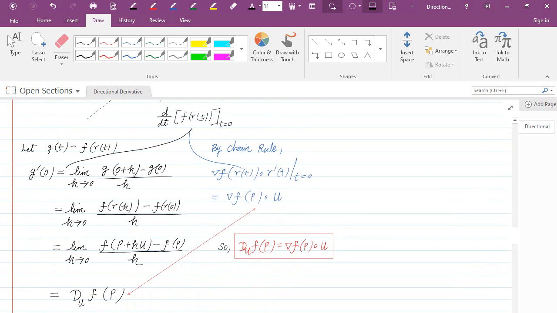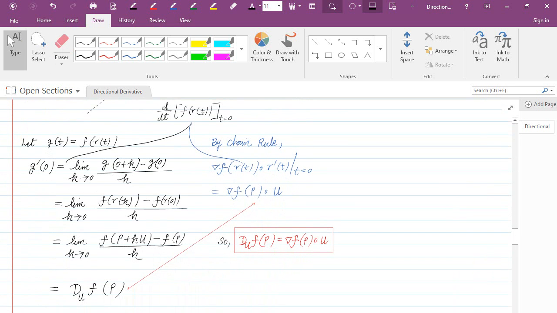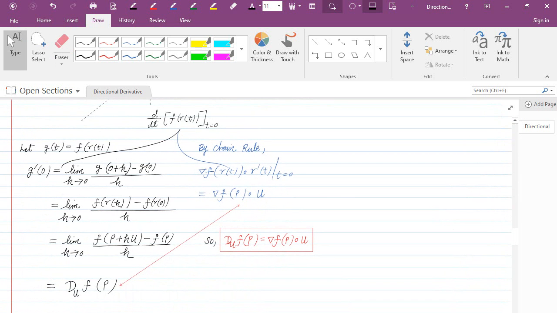So we have calculated the derivative of f of r of t with respect to t when t is 0 in two different ways. In one way, we obtained that this derivative is equal to the directional derivative of f in the direction of u at the point P. In the second way, we obtained that this derivative is equal to the gradient of f at P dot product with u.